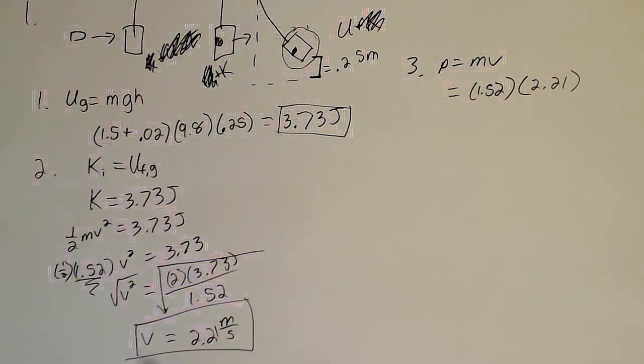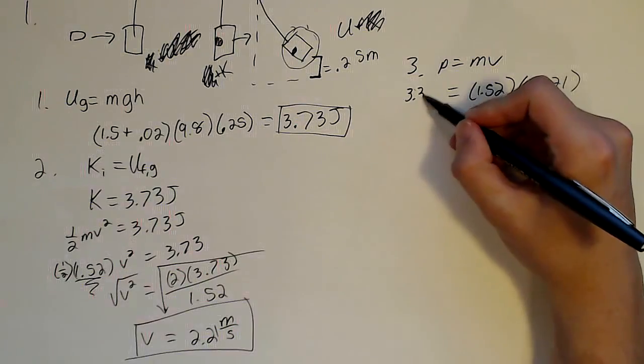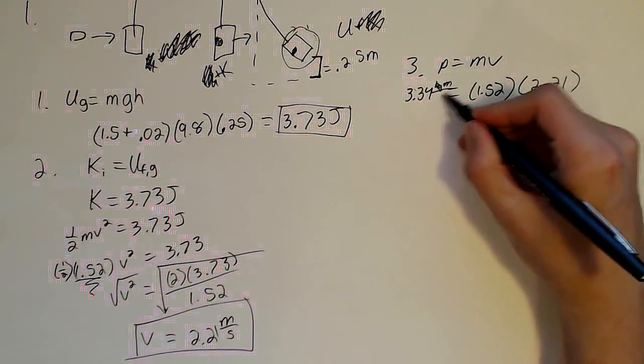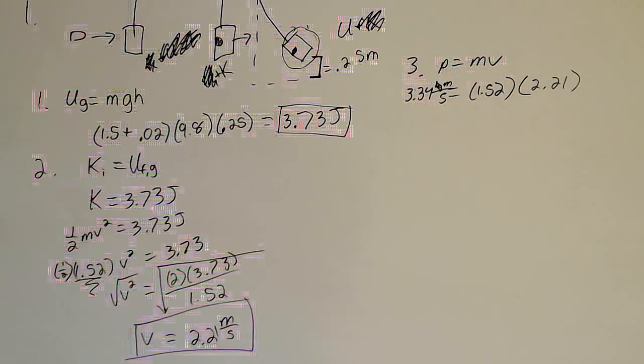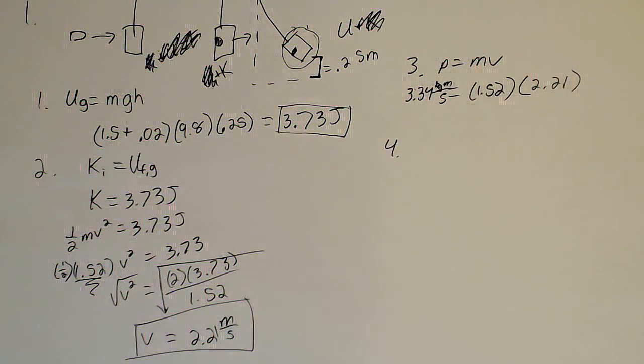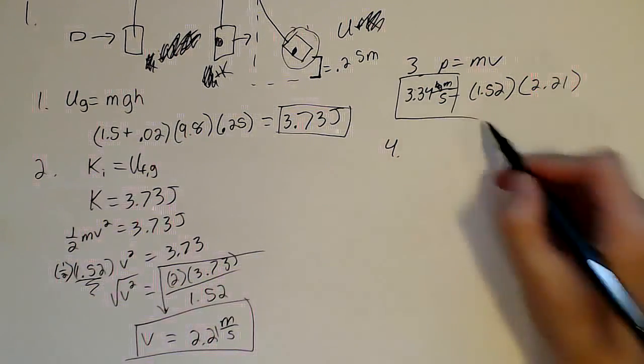Again, this is the velocity that we just calculated right after impact. And that's going to give you 3.34 kilograms meters per second. Oh, that's your answer, by the way.